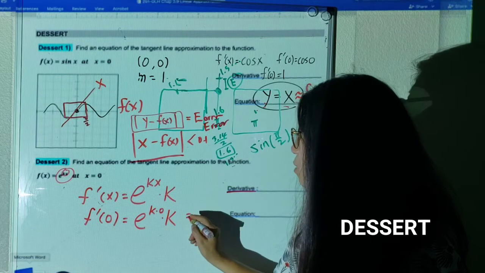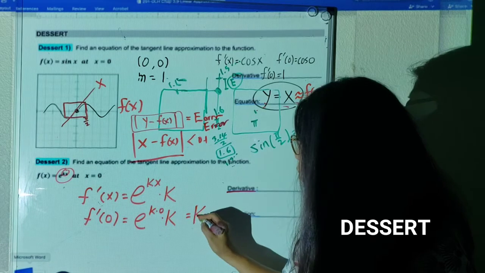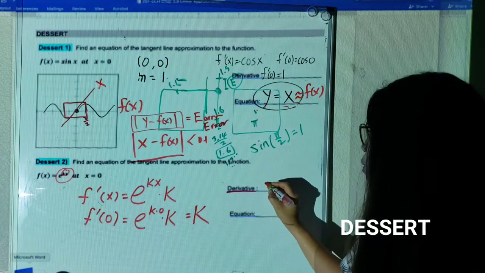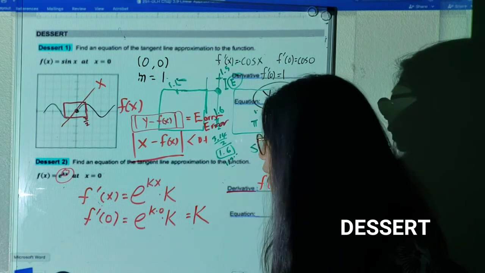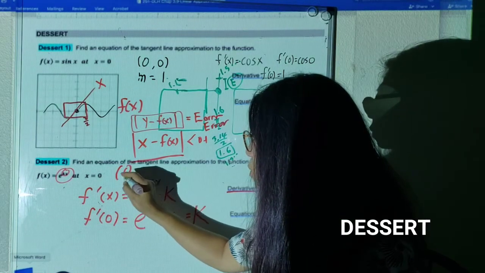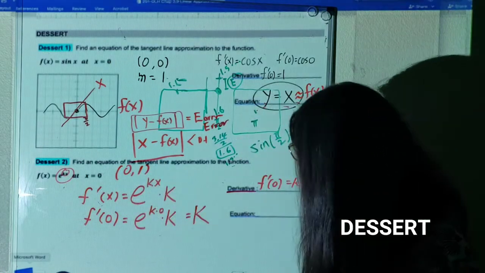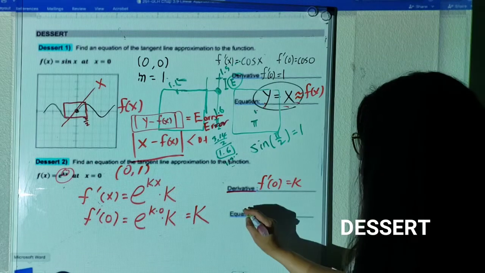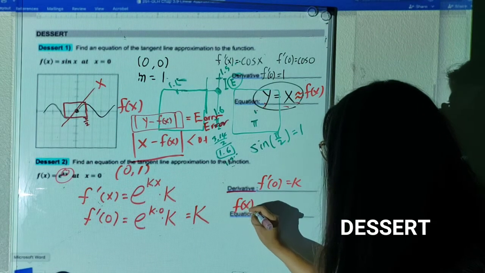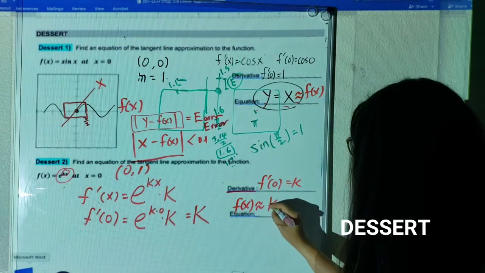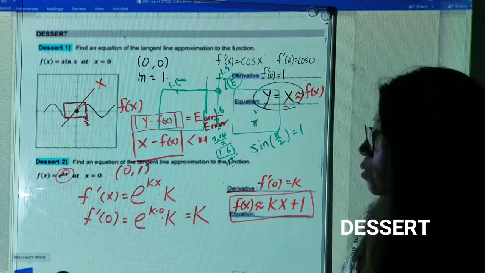It's 0 times k is 0, e to the 0 is 1, so my slope is k at 0. Then what is the point it's passing through? If I plug in 0, e to the 0 is 1, so it's passing through (0, 1). So my approximation equation is going to be kx plus 1. That's the answer.